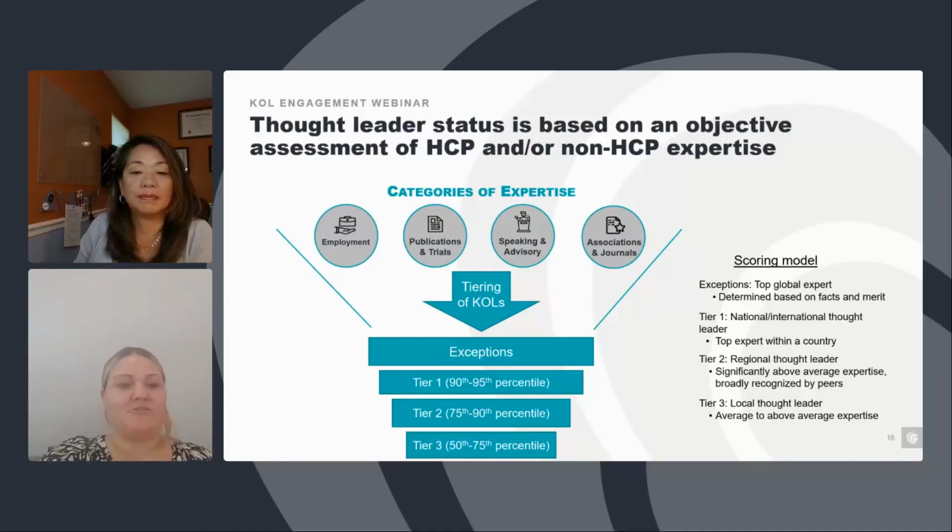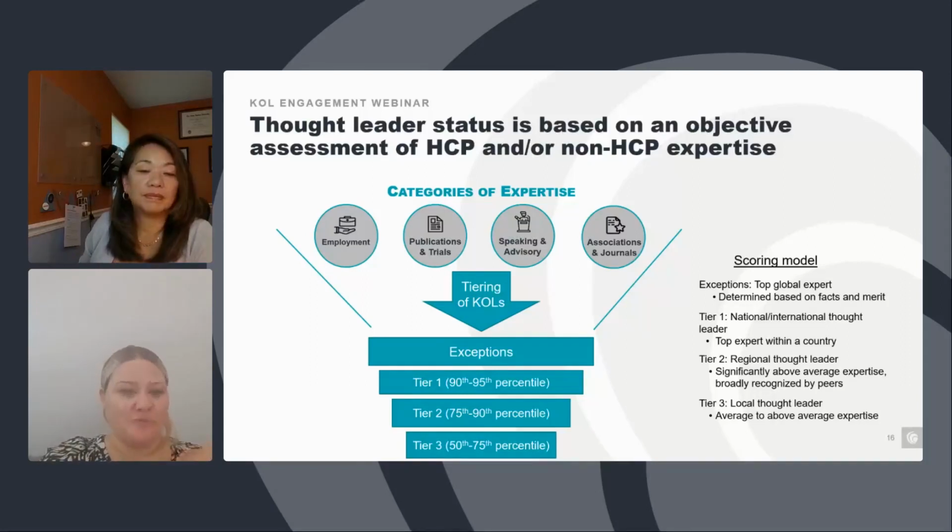Okay. Looking at publications. Again, we look at publications that are established and well regarded and that have an impact factor over 4, and the frequency of publishing within a qualifying timeline, usually between 7 and 10 years.